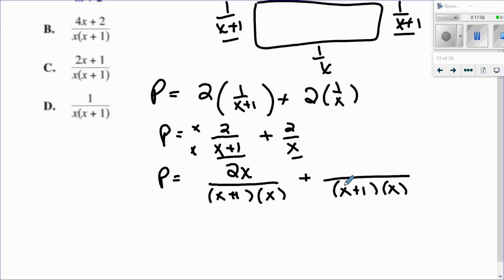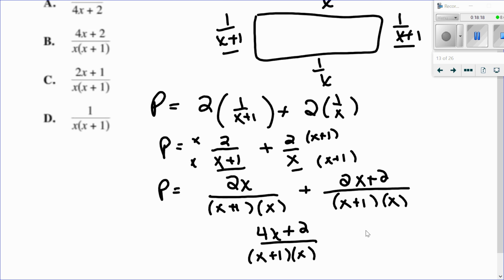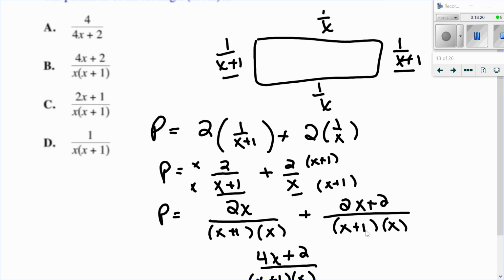Comparing here, it's missing a factor of x plus 1, so I multiply x plus 1 by the top and the bottom to get 2x plus 2. Okay, adding these together, I get 4x plus 2 over x plus 1 times x. And I see that's how the answer is in the options. So I can see that this would be my option.